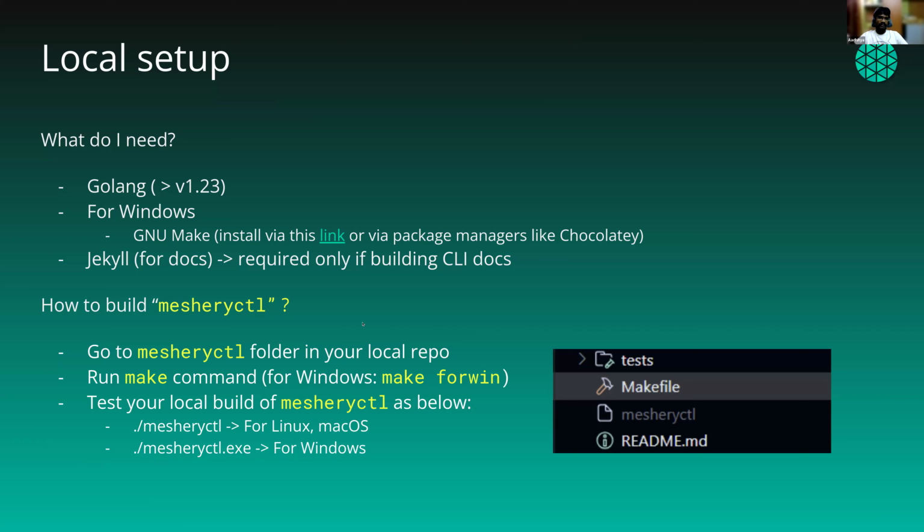But if you are exclusively on Windows and you don't want to migrate to WSL for some reason, then you have no other option but to install GNU Make. I have also provided a link to install directly from the GNU website itself. Or if you have a package manager such as Chocolatey, then you can just directly install GNU Make with it.